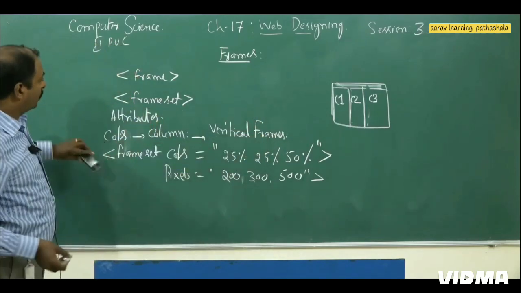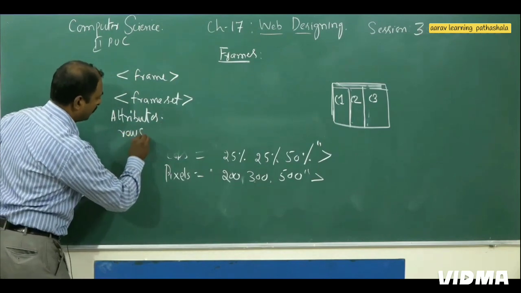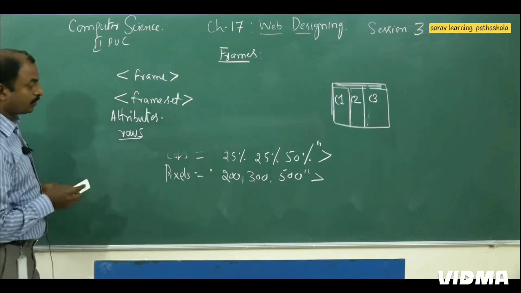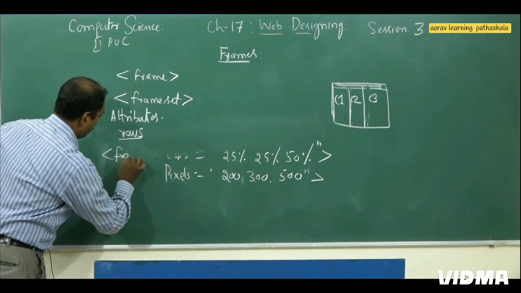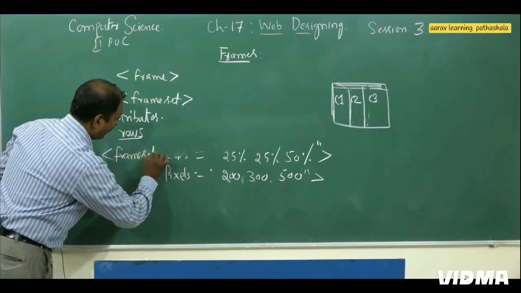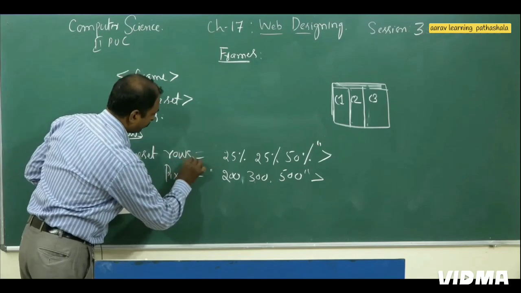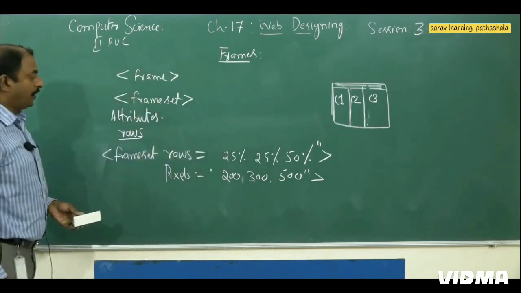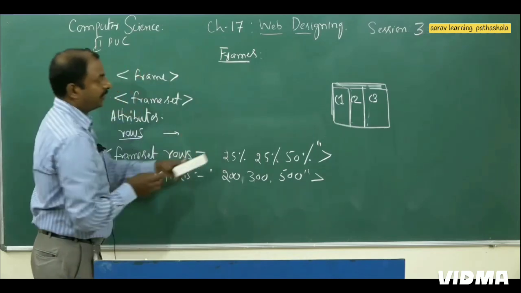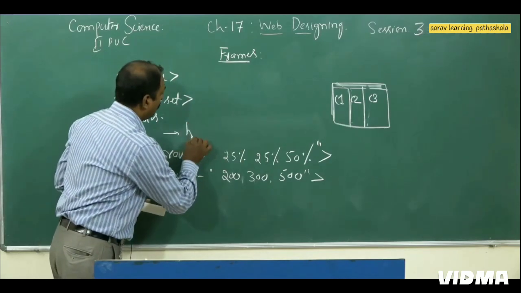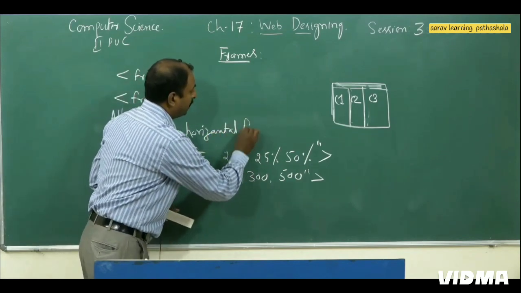Now look at one more attribute, rows. The next attribute is rows. Syntax, frameset rows. The rows attribute divides the web browser window into horizontal frames.